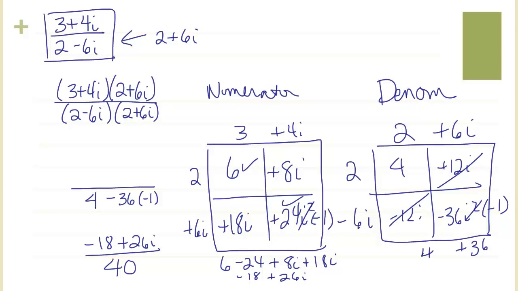So from this point, it's just simplifying. We're fine. We've got the i out of the denominator. Now we just have to split it up and simplify. So I've got negative 18 over 40 plus 26i over 40.